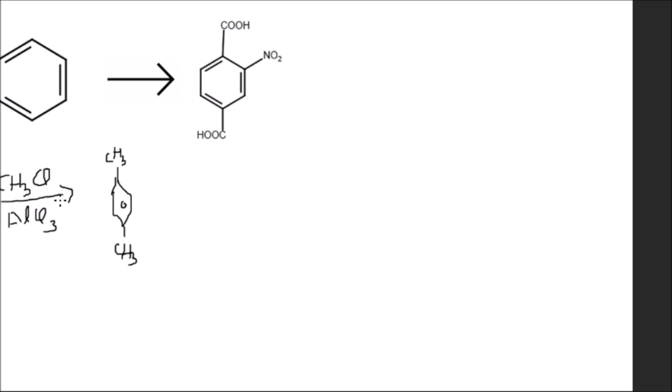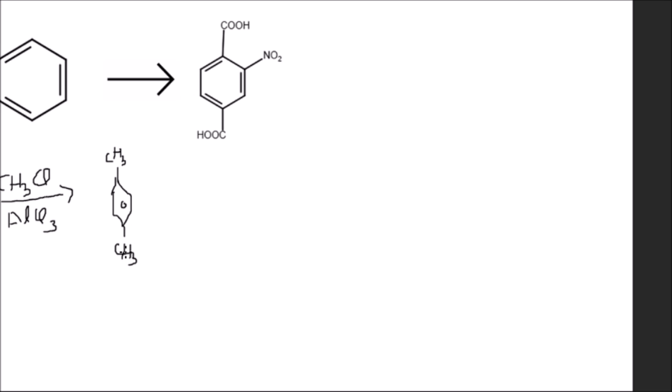Okay, you can also add ethyl chloride in the first one, because it's larger, it will favor the para product because of steric hindrance.